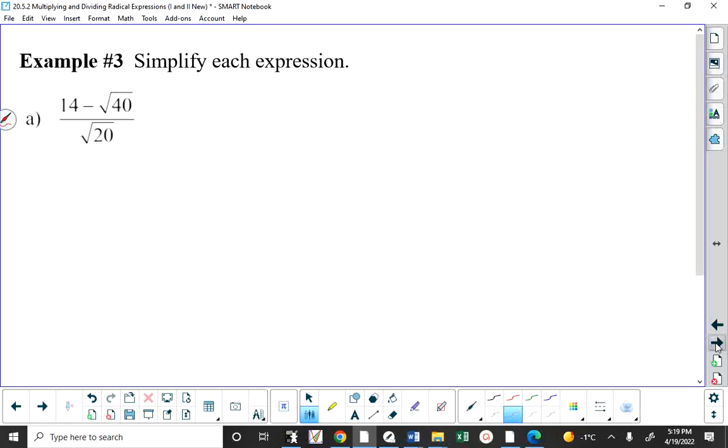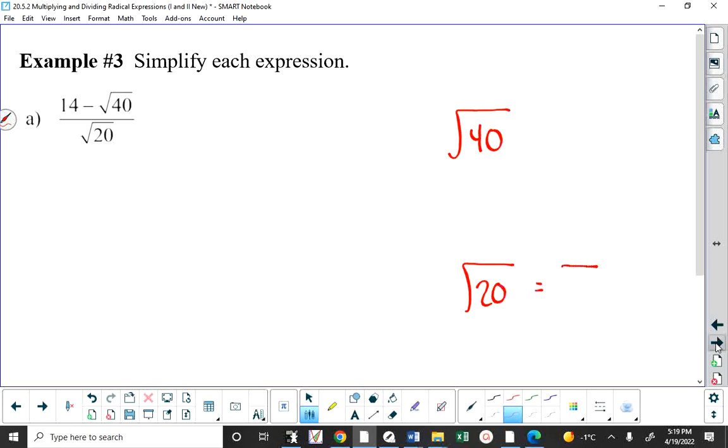All right, final example. Simplify each expression. So we have a root 40 in this expression and we have a root 20. The thing that makes example 3a different than anything we've looked at is the top of the expression is a binomial. But let's clean up root 40 and root 20 first. I like to do this off on the side someplace.